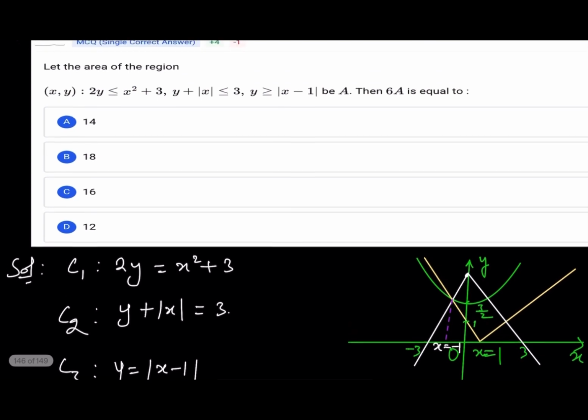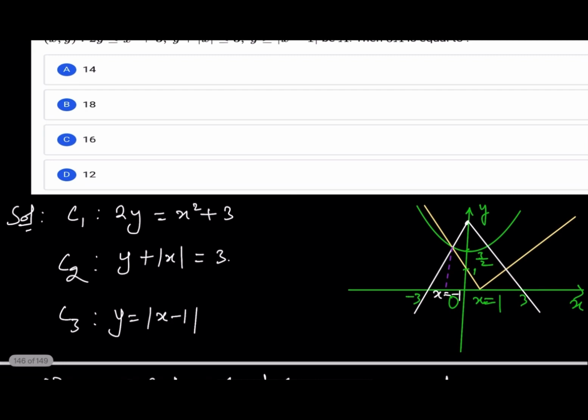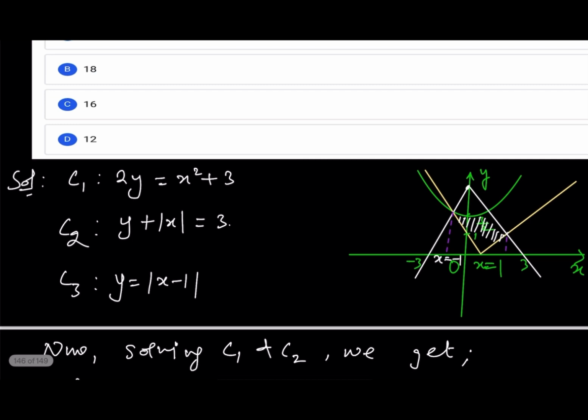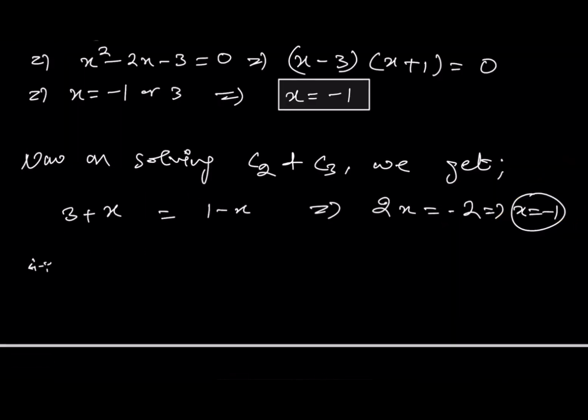If I see the inequalities, then this is the region which is bounded by all these three curves. And we can see clearly it is the region from x is equal to minus 1 to the point which we can get by solving the yellow curve and the white curve, that is curve 2 and curve 3, again.